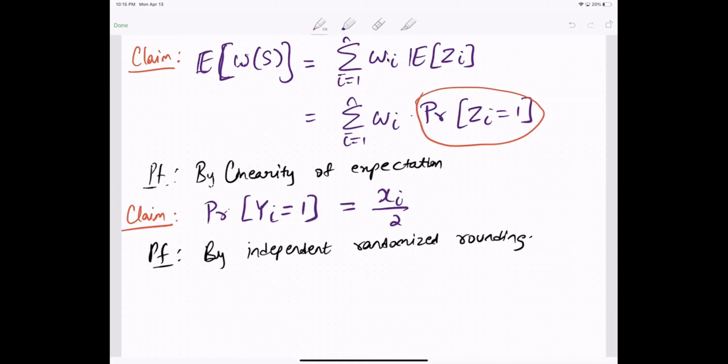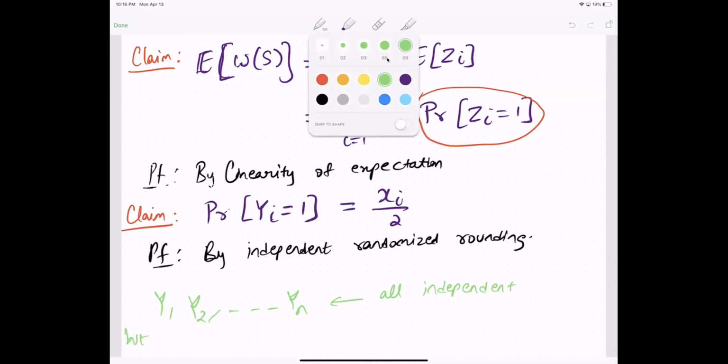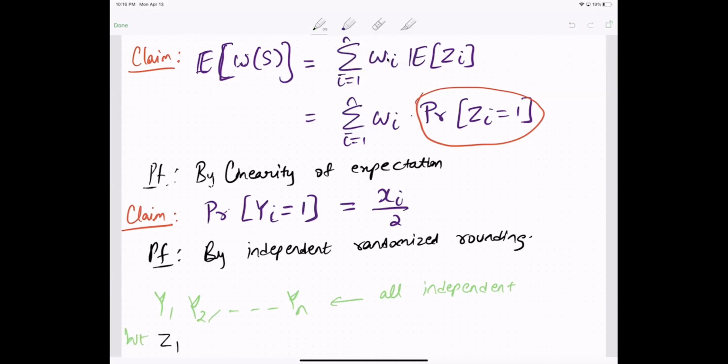If you look at these variables y1, y2, and so on up to yn, they are all independent. But if you look at z1, z2, and so on up to zn, they're not independent.